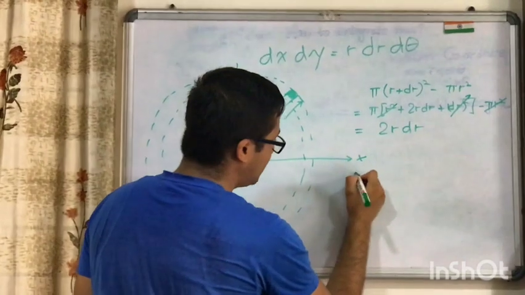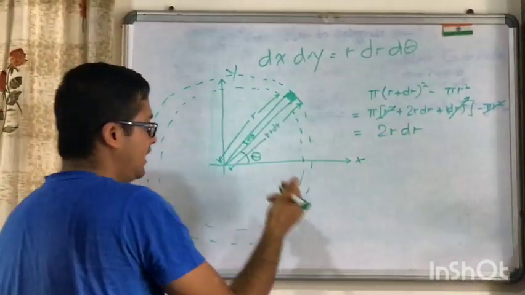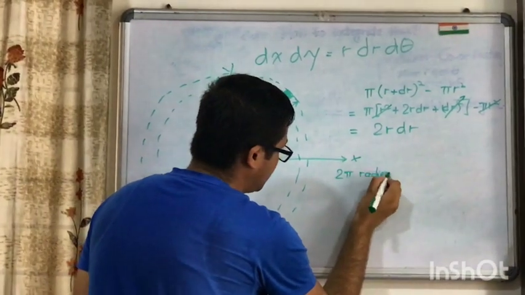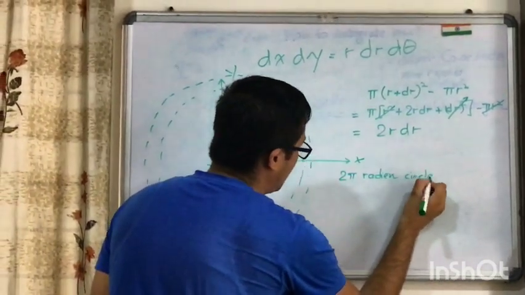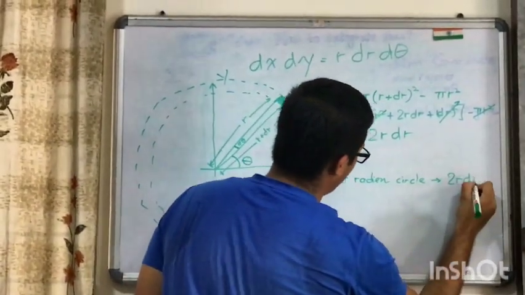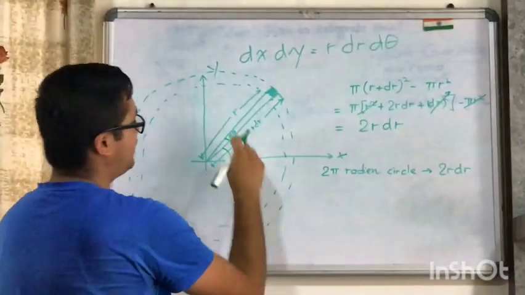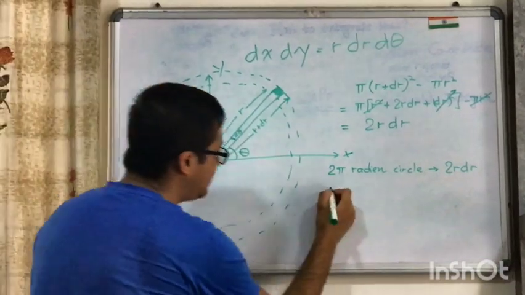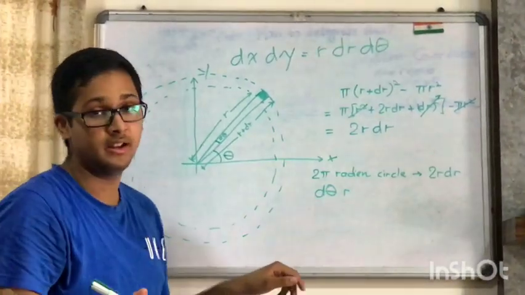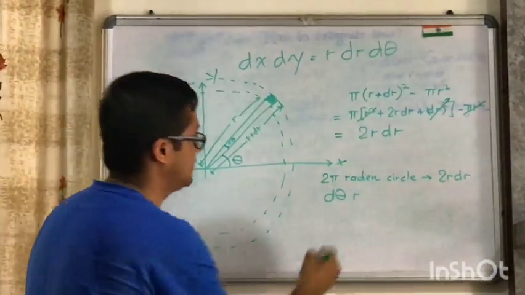Now for the entire 360 degrees or 2 pi radian circle, the concentric circle's area is 2r dr, and if you want to take a very small region, which is a d theta radian angle, please note that the angle which I am considering here is in radians, not in degrees.